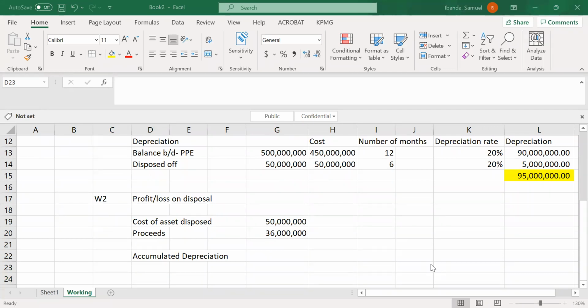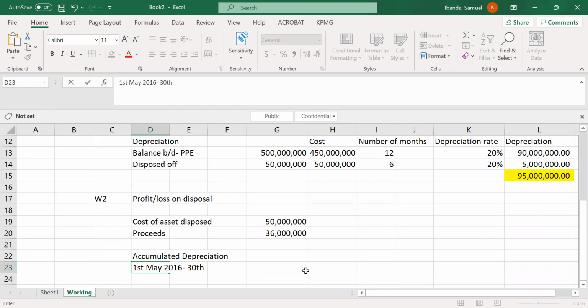So if I'm looking at the period ended 30th April 2018, and this asset was disposed of in November 2017, I'm going to say that this asset existed from 1st May 2016 to 30th April 2017, which was 1 year.